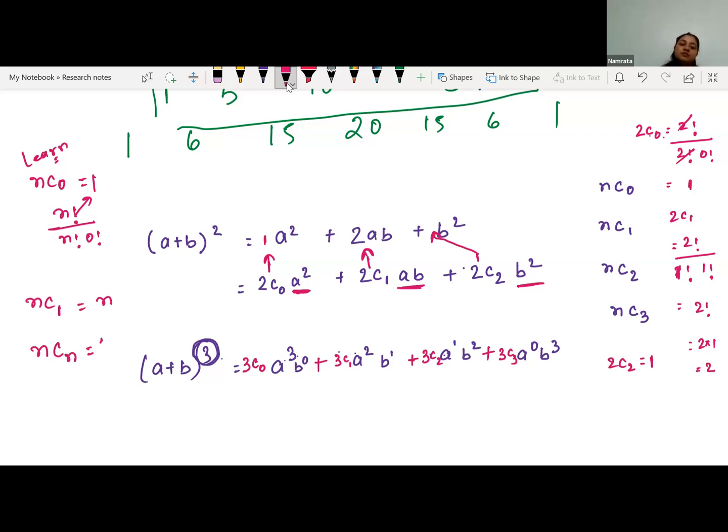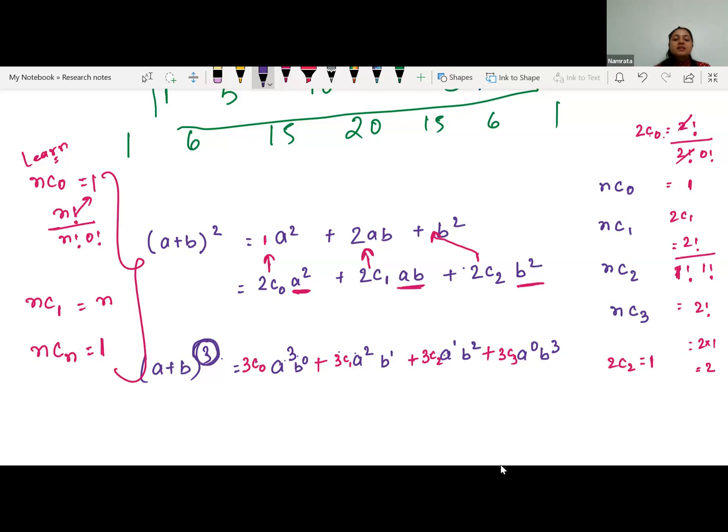So the value will be 1. So 3 things you have to keep in your mind, that nC0 is always 1, nCn is also 1, and nC1 is n only. These 3, just keep in your mind. It will help you do the calculation fast. nC0, 1. nC1 means only n. And nCn means 1. Got it?